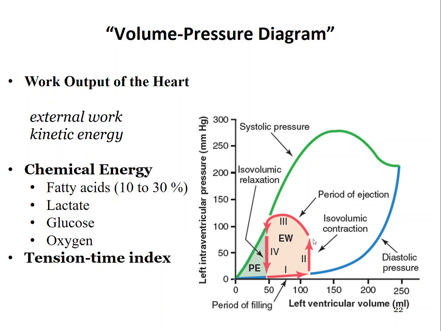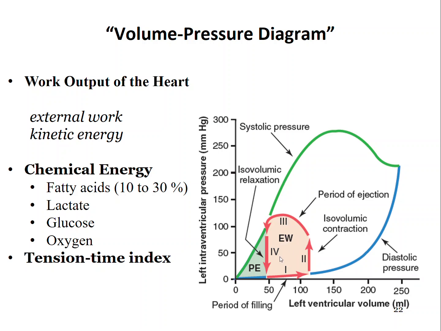Then we encircle an area by these four arrows. The area enclosed by these arrows is relative to the external work, or the external work is the area that is encircled by these arrows.